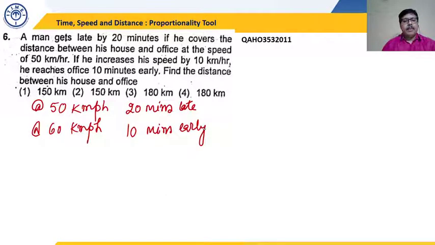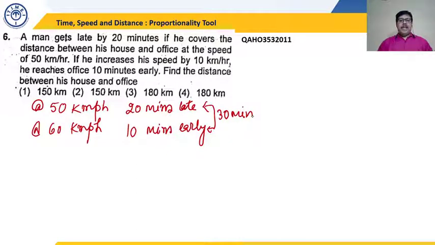All right. So 20 minutes late and 10 minutes early. What is the absolute difference between these two times? Can I say the 30 minutes difference? Suppose T is the ideal time taken.